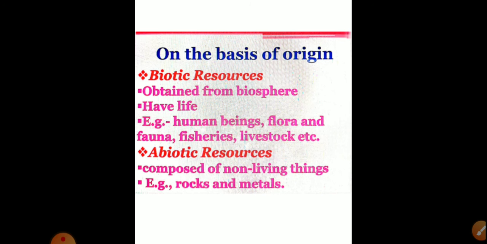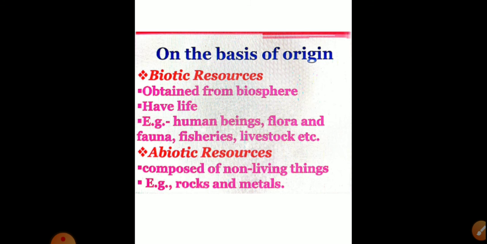What do you mean by biotic resources? Biotic resources are obtained from the biosphere. Biosphere means living and organic material such as forest, animals, birds, fish and materials that can be obtained from them.